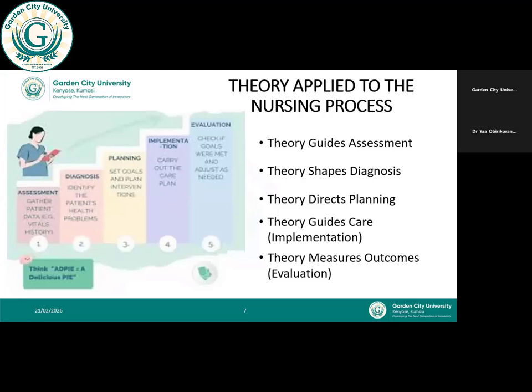So you look at the disease, the patient's health problems, and then you can come up with your diagnosis, and it becomes easier because some of us have challenges when we are writing out our diagnosis. Usually it is the problem, what is causing the problem, and then the signs or symptoms. That's how you shape your diagnosis.